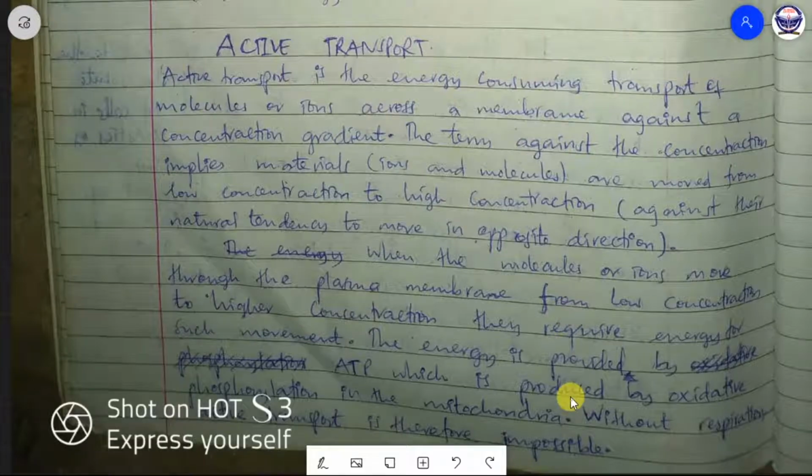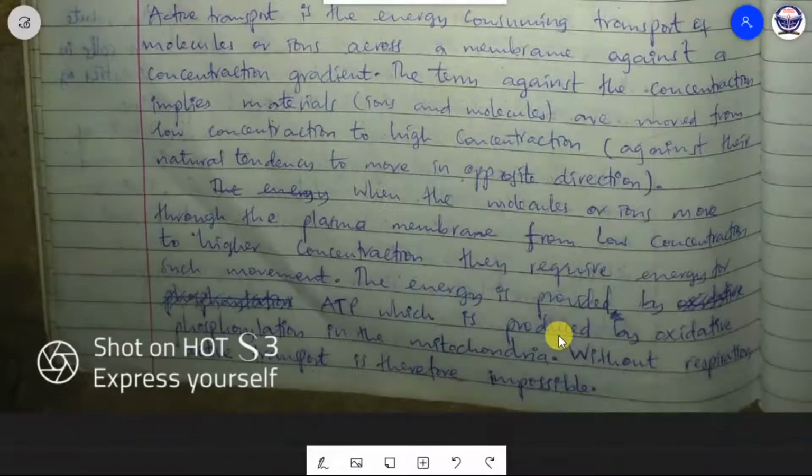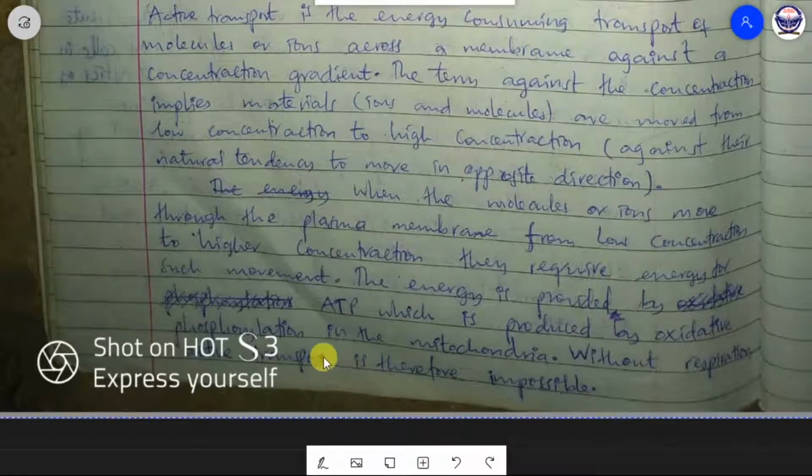The energy is provided by ATP, which is produced by oxidative phosphorylation. This is how we discussed it in the topic of respiration in the previous session. So the energy which is stored in ATP comes from oxidative phosphorylation.